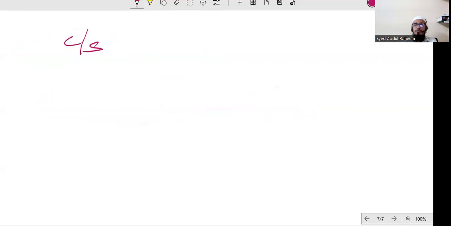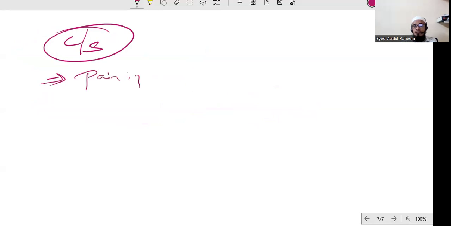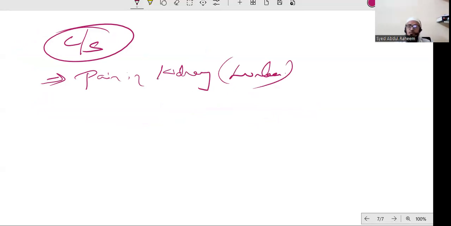Clinical symptoms: we have pain in the kidney region or lumbar region. If the cyst is small in size, mild pain will occur.